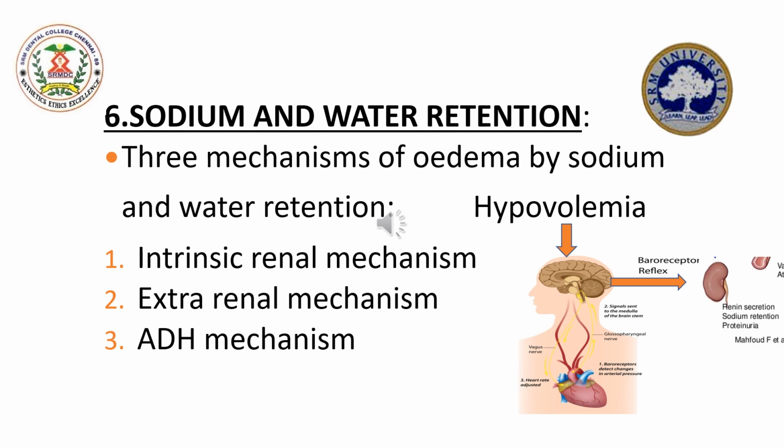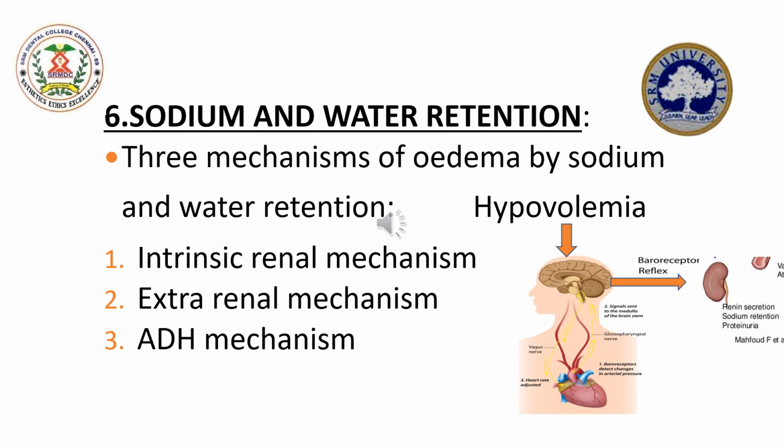On stimulation, angiotensin 1 will be converted into angiotensin 2 by means of angiotensin converting enzyme, that is ACE. This in turn will stimulate the adrenal cortex to secrete aldosterone hormone. This aldosterone is the main reason for increased sodium retention in the renal tubules.